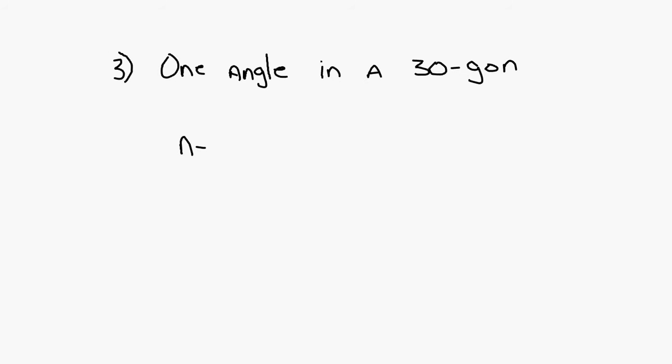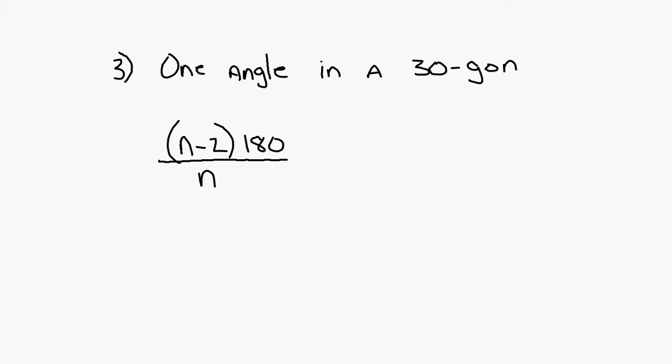Problem number 3 asks you to find the measure of one angle in a regular 30-gon. So they want one angle in a 30-gon. You're going to take n minus 2, multiply it by 180, and divide it by n, which is the number of sides.